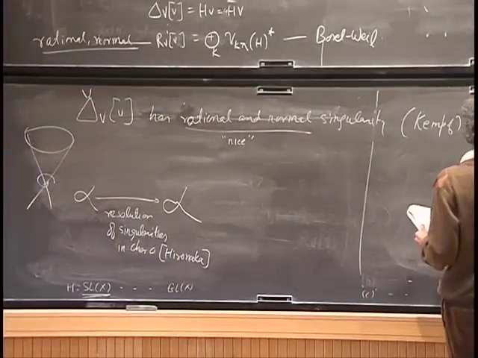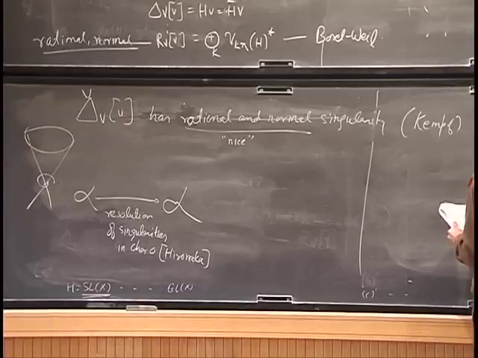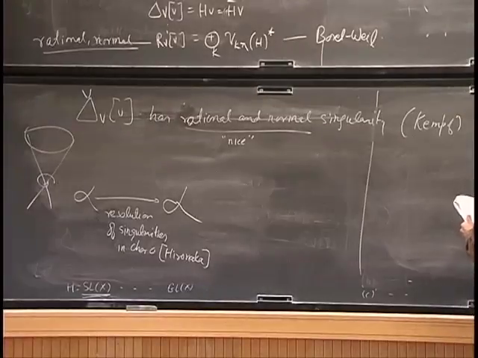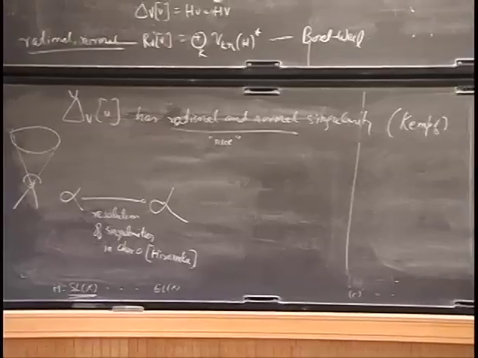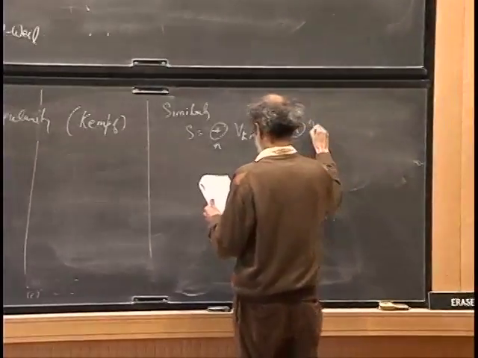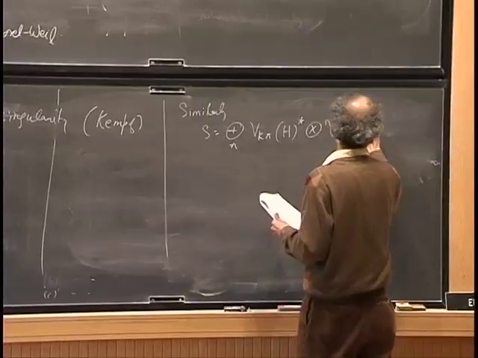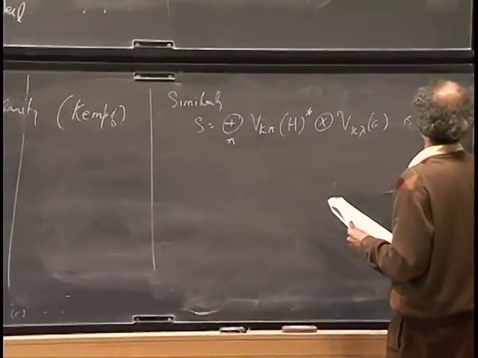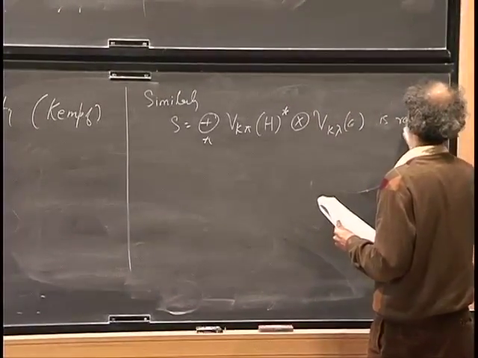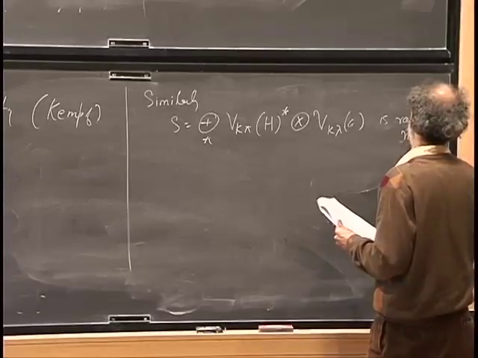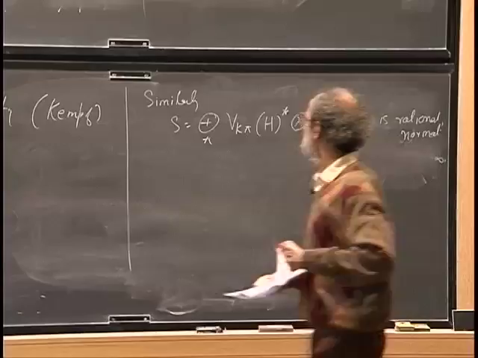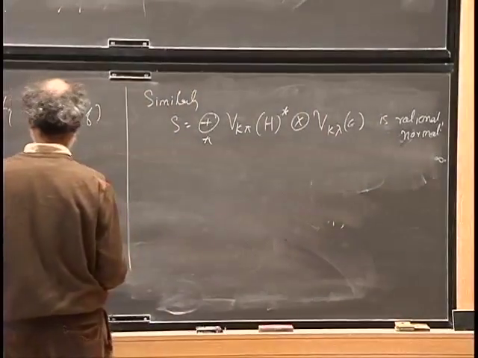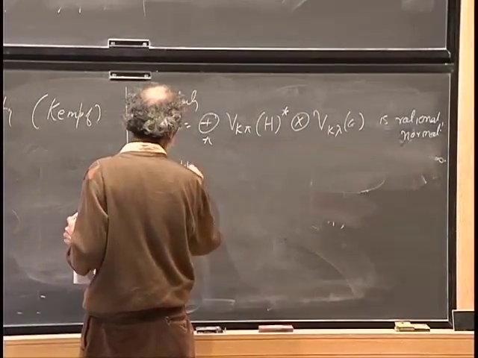Similarly, S equal to the sum of V k pi h star tensor V k lambda g is rational and normal. Again, Kempf's result would tell you this also. Now what we do is we take the ring of invariants inside this.